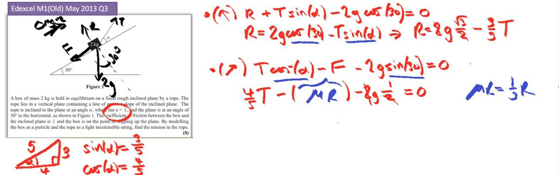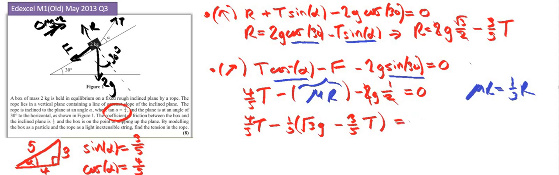That gives me 4/5 of T minus 1/3 of my R up here, which is √3 times g minus 3/5 of T, and that's equal to g.